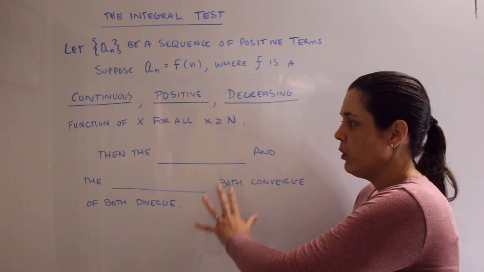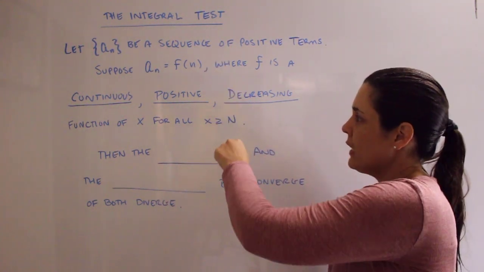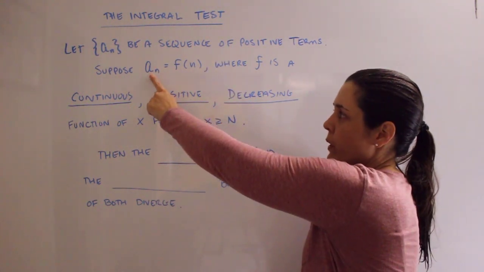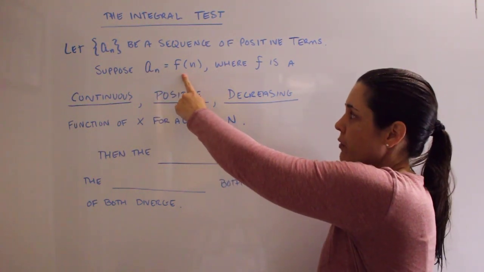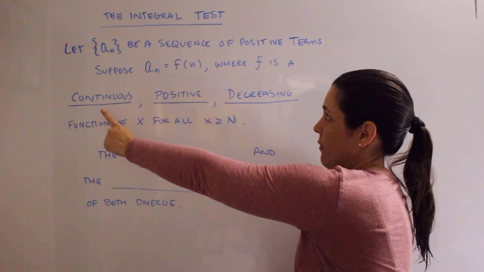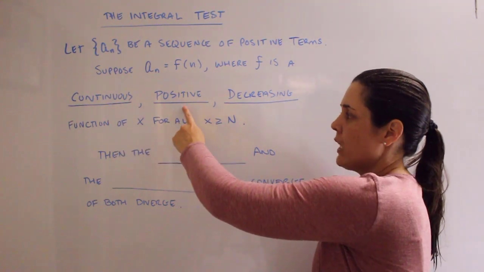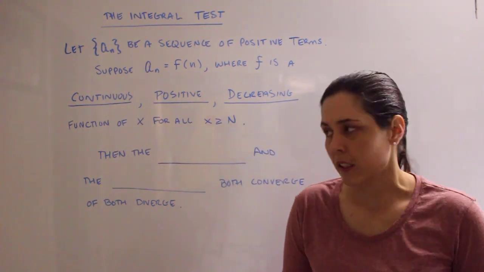Before I tell you the rest of this test, we're rewriting our sequence in terms of a function. The function f has to be continuous, positive, and decreasing.